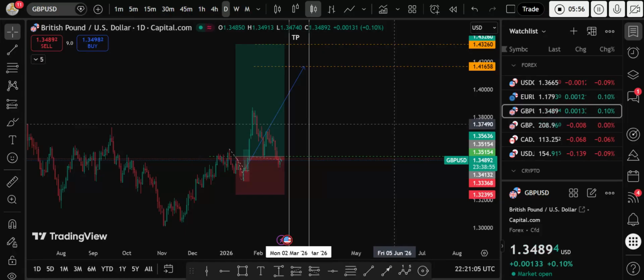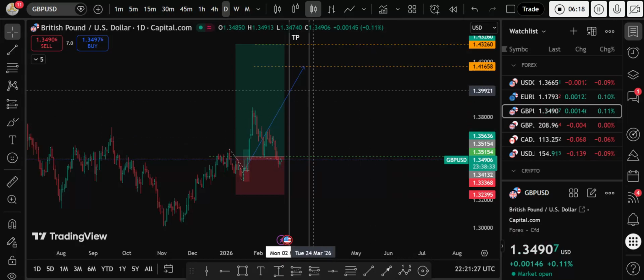So don't be in a hurry or don't be greedy to use more than 1% or more than 2% or more than 10%. If you do that, you will soon get a margin call, and by the time you get a margin call, there are other opportunities that you can't enter due to you risking too much.